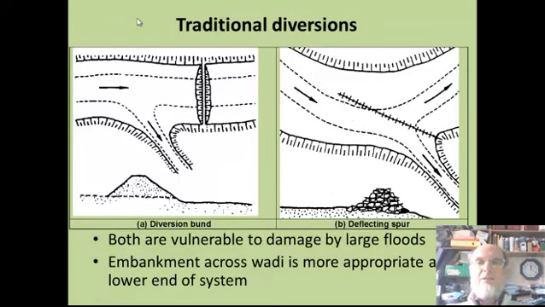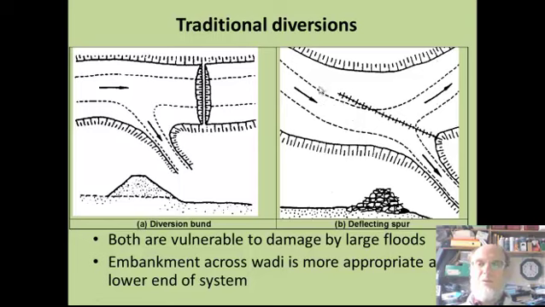Here are the two types of traditional diversion structures. One is an embankment across a wadi which blocks the whole flow. That's more appropriate in the downstream part of the system, where the flows in the wadi are occasional and relatively small. Or we can have a deflecting spur that diverts part of the flow down a canal, not the total flow.